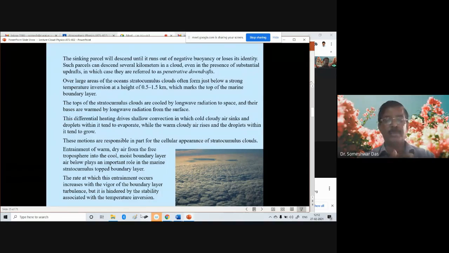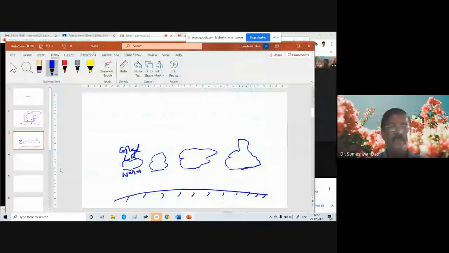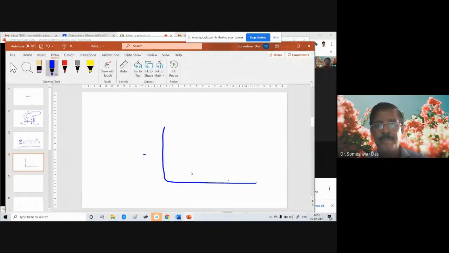Now, as you might have seen, when there is an inversion, the atmosphere is stable. The parcels cannot rise. Suppose this is T and this is Z. Instead of decreasing, somewhere it increases and again decreases.